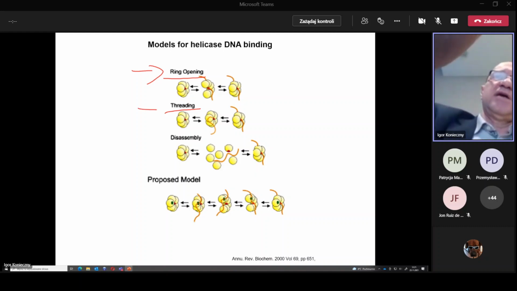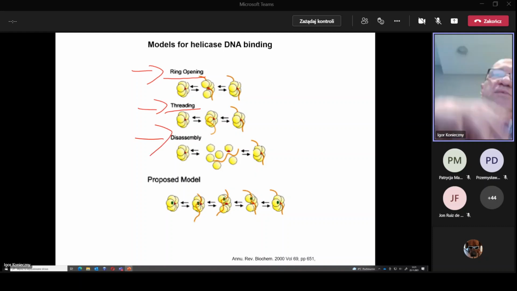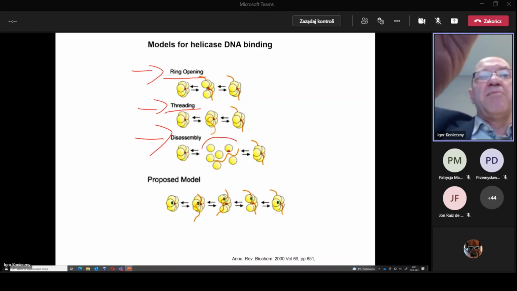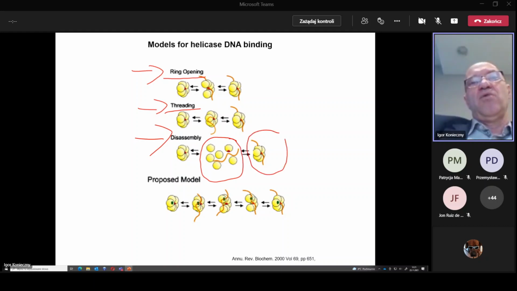So this is the second concept, and the third concept is just the disassembly of the helicase and reassembly on the DNA. So we can easily imagine that the helicase protomers could reform the complex on the DNA, and that would make the placing of double-stranded DNA inside the channel.